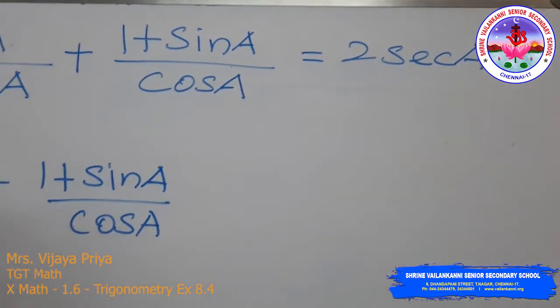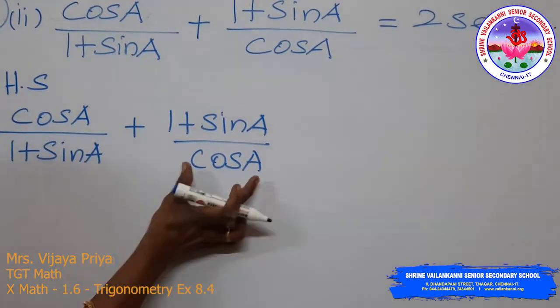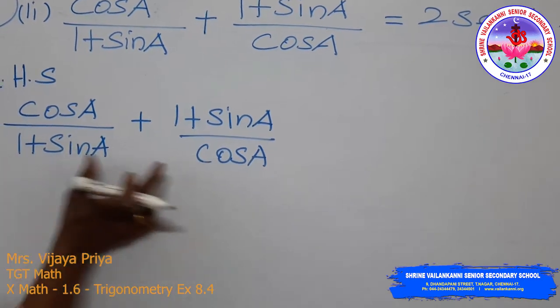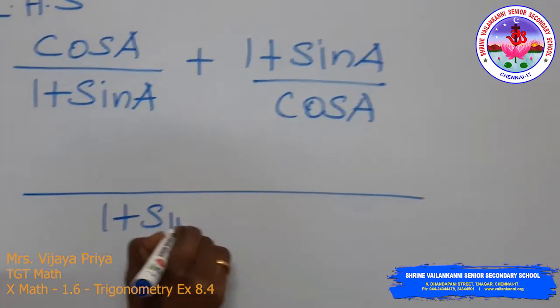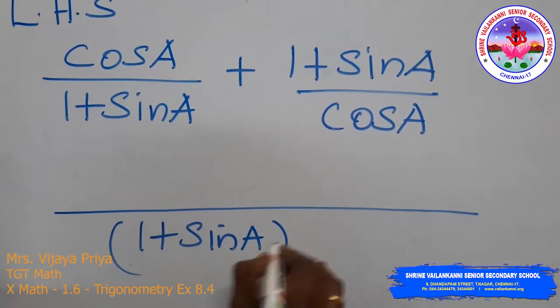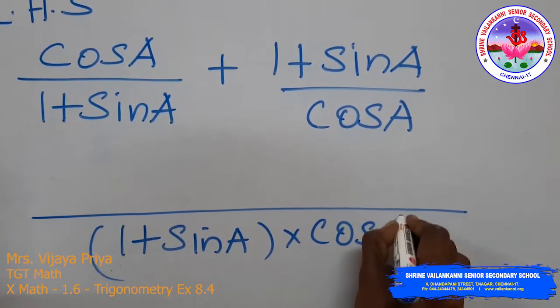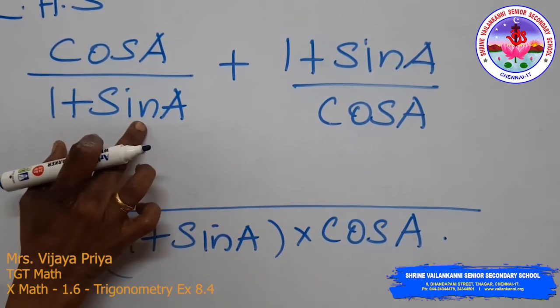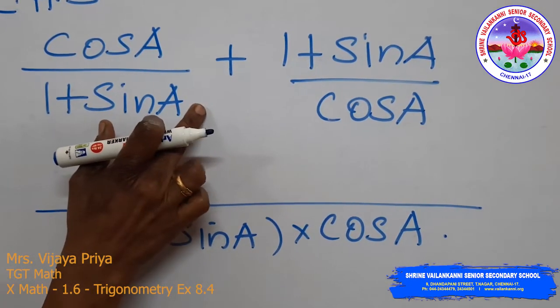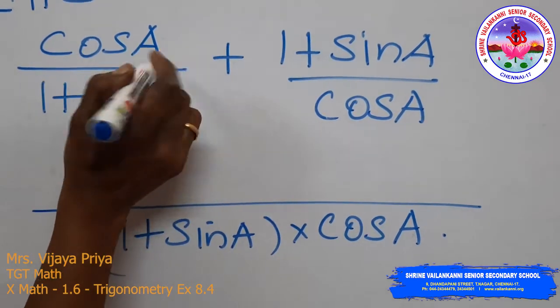So I am going to take LCM for both the terms, where my LCM is (1 plus sin A) into cos A. In this case you have seen 1 plus sin A, so cos A will be multiplied with the denominator and the numerator.